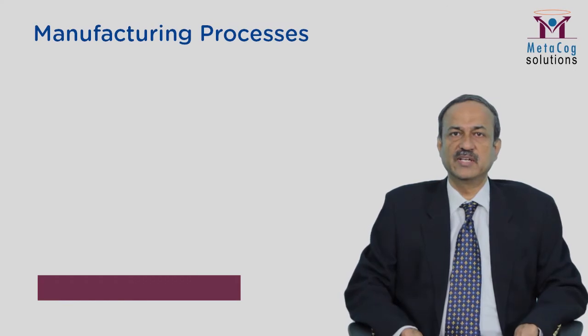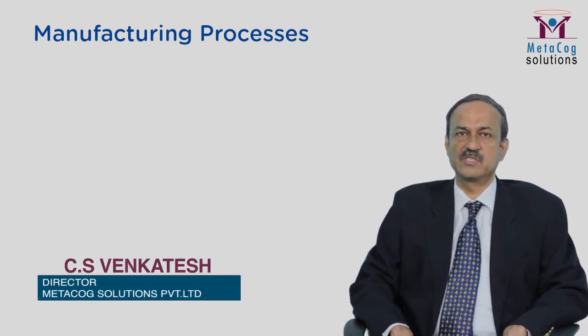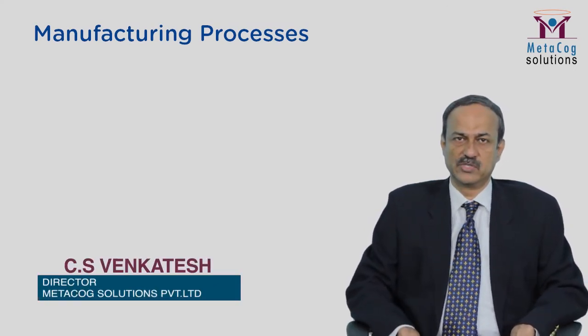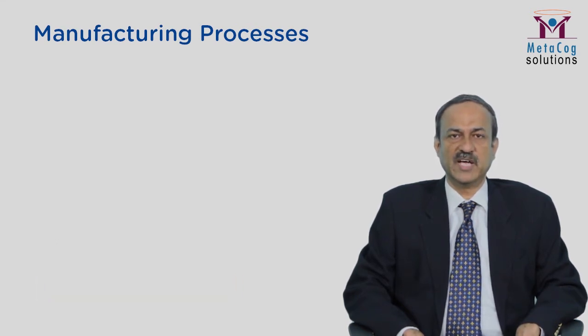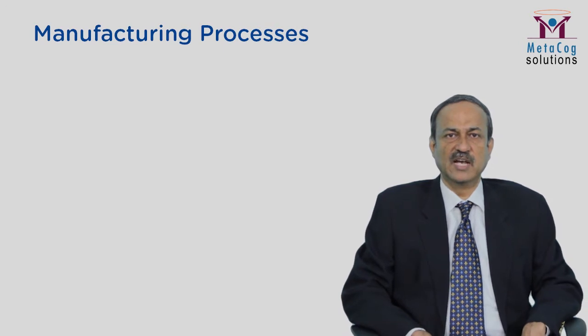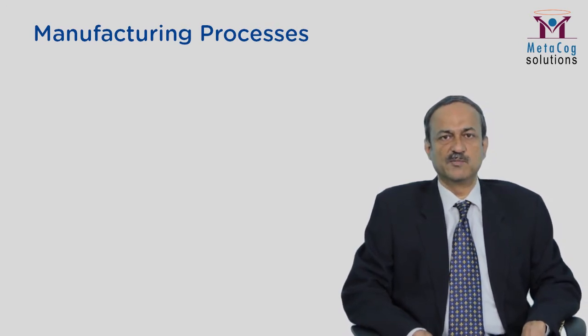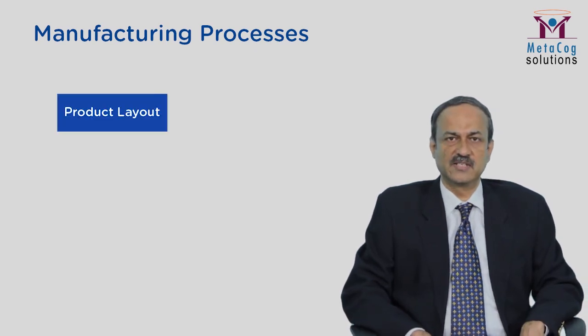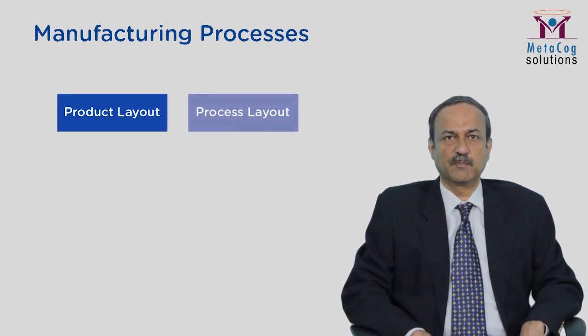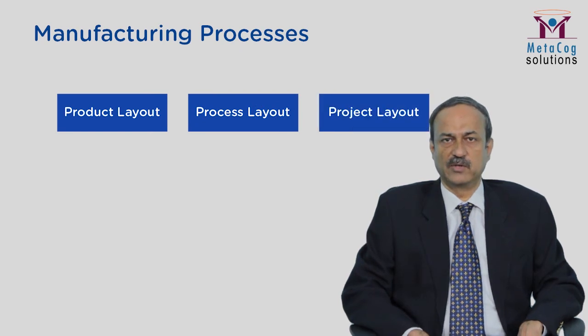Let us look at the manufacturing processes that a company typically uses. As you may be aware, there are different types of manufacturing layouts which are observed in factories. Broadly, these can be categorized as product layout, process layout and project layout.